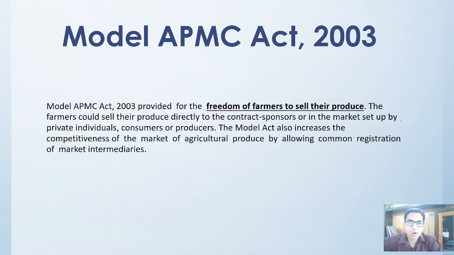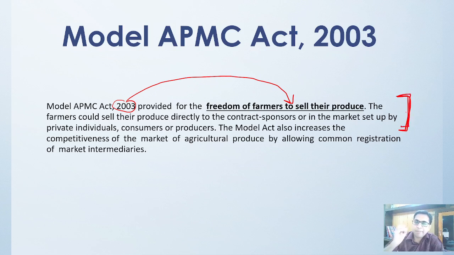Now, what is this Model APMC Act? The Model APMC Act came in 2003, which provides freedom to farmers to sell their produce. Now, the farmer can sell their produce directly to the contract sponsor, or in a market set up by a private individual, consumers or producers. So the farmer got the right to sell their produce wherever they want.